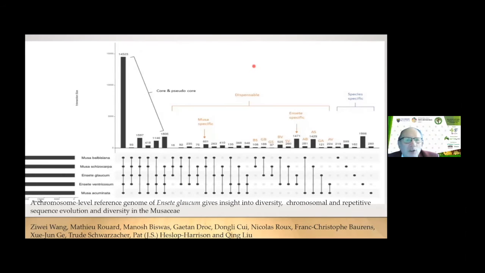We then went on to look at how variable genes are between all of these species in terms of what gene families are present. So here we have Musa balbisiana, Musa acuminata, top and bottom, and then Ensete, and another banana here.